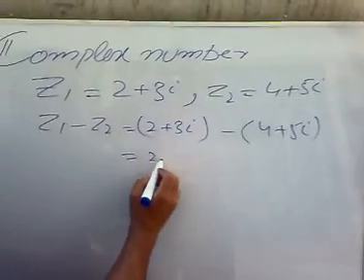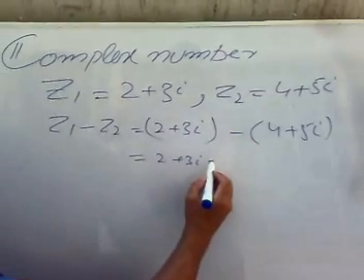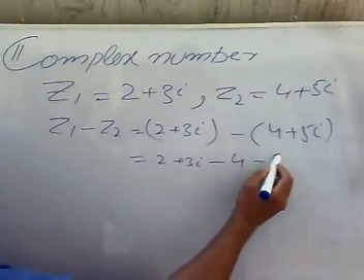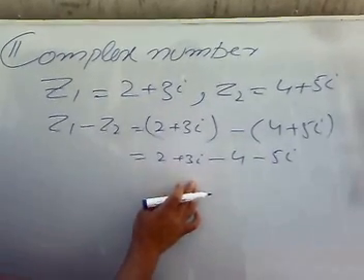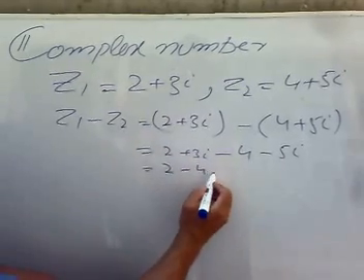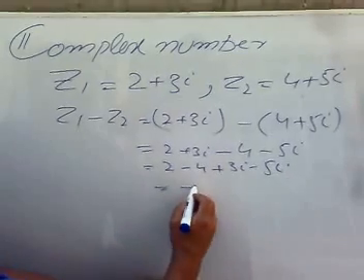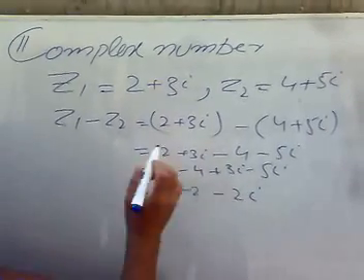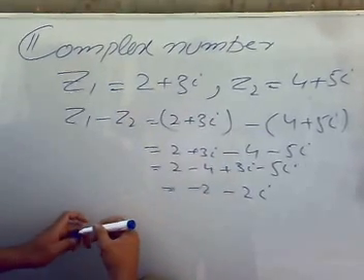Okay, it would be 2 plus 3 iota, and when we open these brackets, the signs will change. It will be 4 minus 5 iota. From here it is the same as we did in the previous question. We separate the real parts on one side and the imaginary parts on the other side. So the answer will be minus 2 iota.